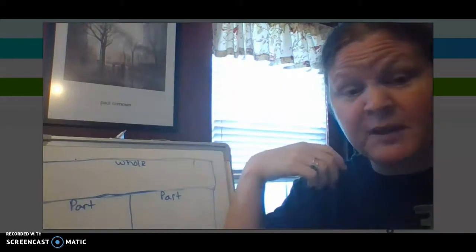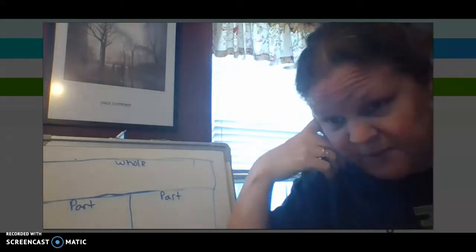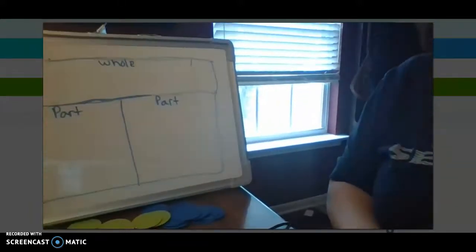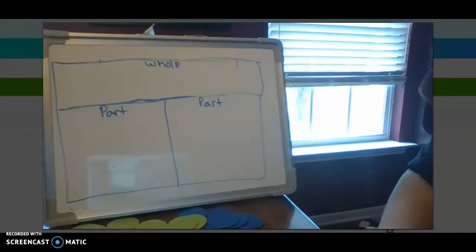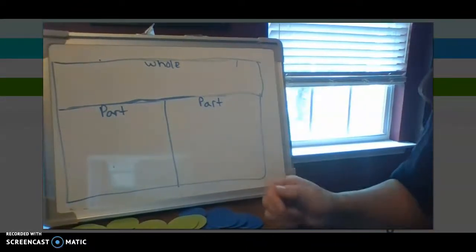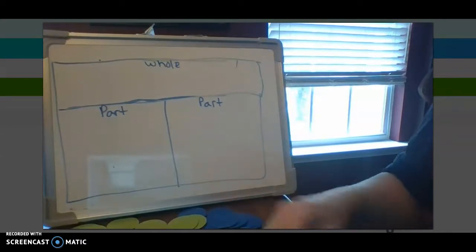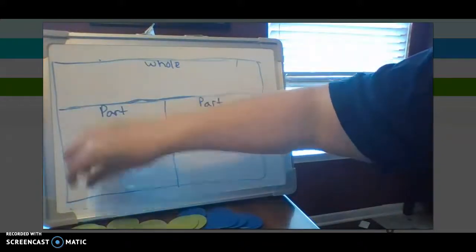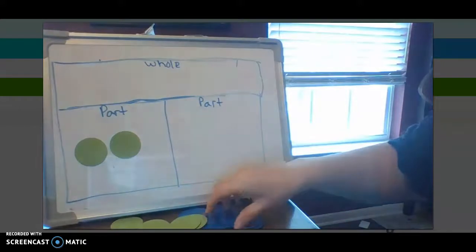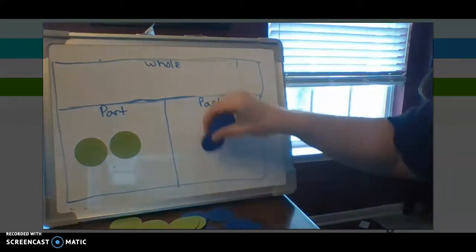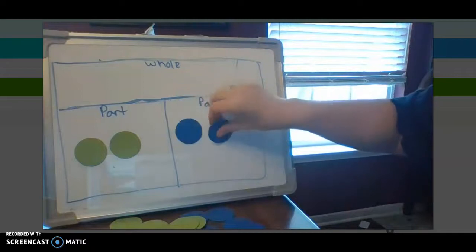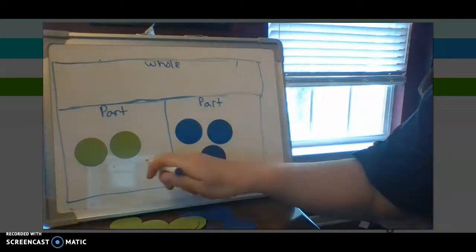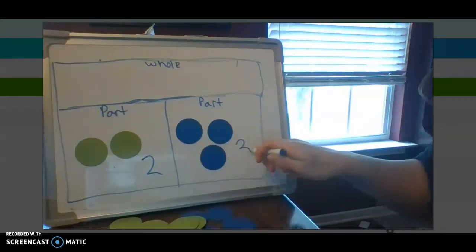Another tool that you can make and use at home to help you solve addition problems is a part whole chart that looks like this. Can you see it? Okay, so we can do our addition problems on this. Let's say I had 2 pencils and Miss Cactus gave me 3 more pencils.